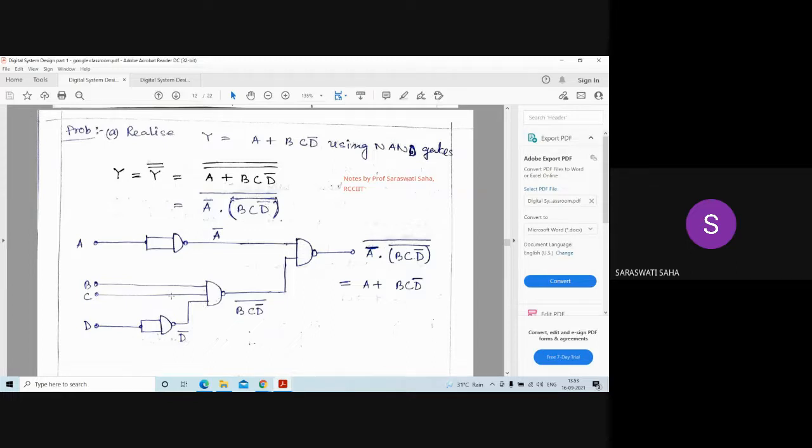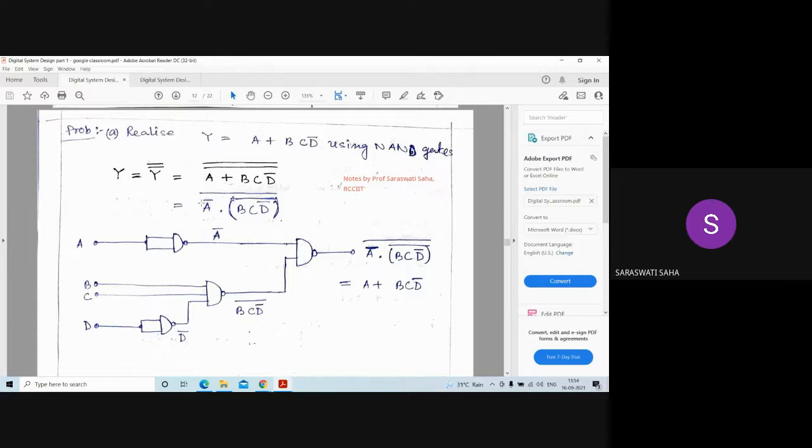So B input, C input and D bar input will be connected to the input of this 3 input NAND gate, because 3 input NAND gate is available in integrated circuit form. So at this output you will get the complement of B, C, D bar, which is in NAND form. So now you have A bar and the complement of B, C, D bar.